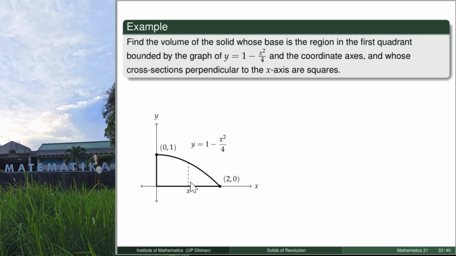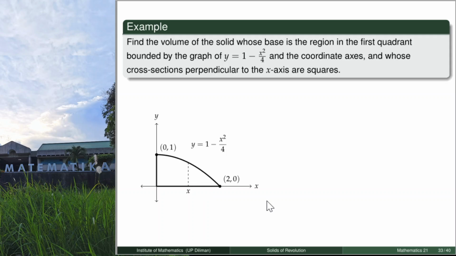So what is this vertical distance? Remember, this vertical distance should be a function of x. Here, the vertical distance is y up minus y down. The y coordinate above is given by 1 minus x squared over 4, and the y coordinate below is y equals 0.